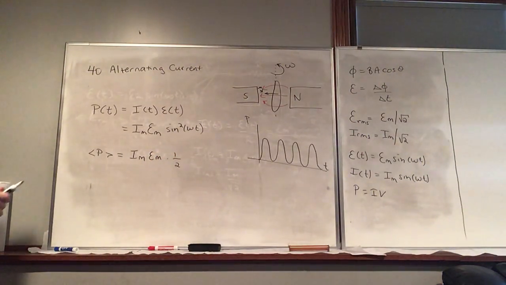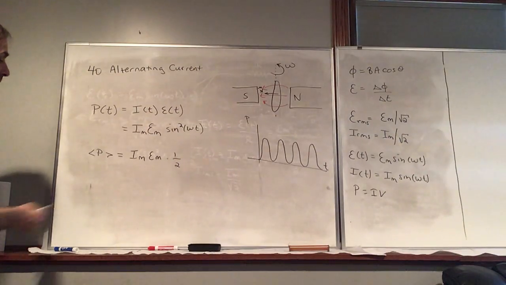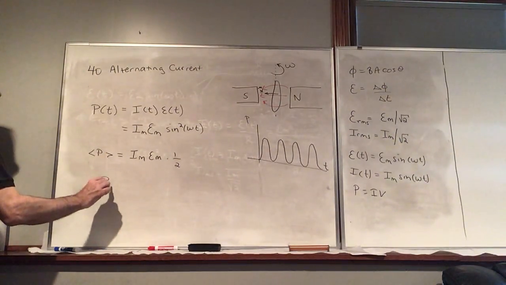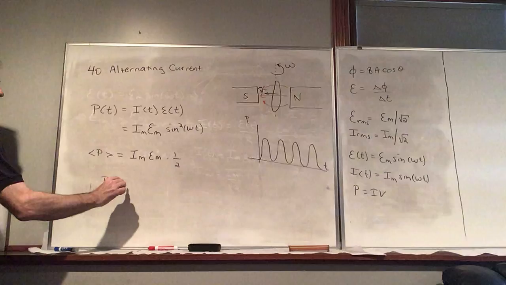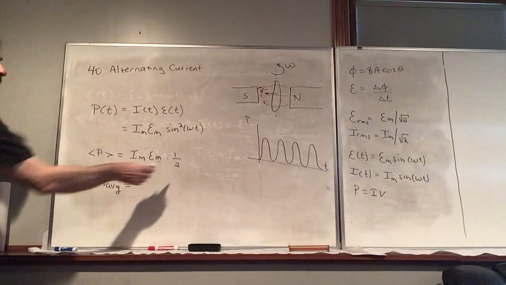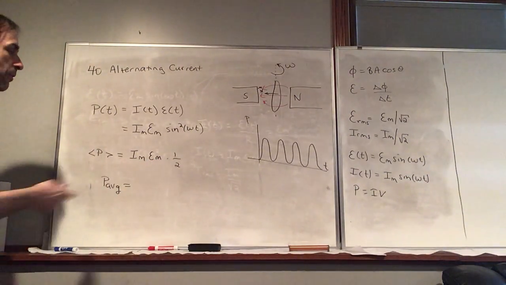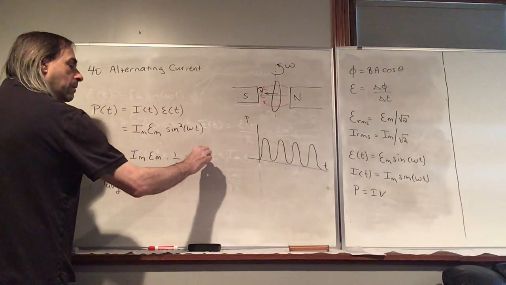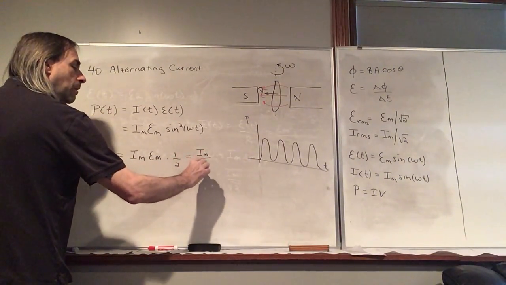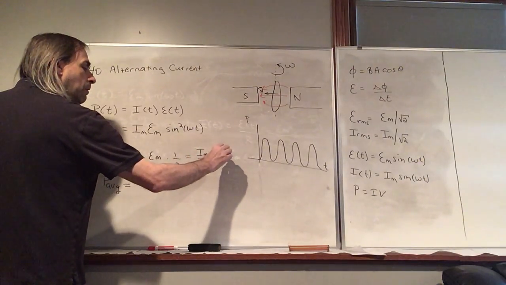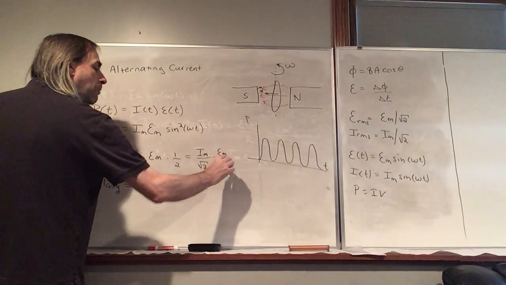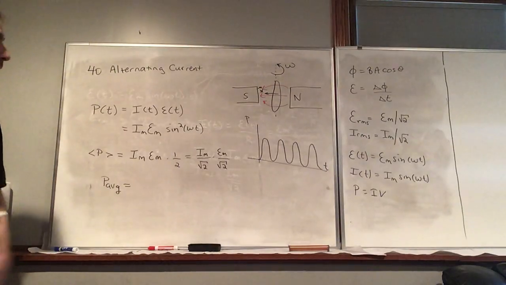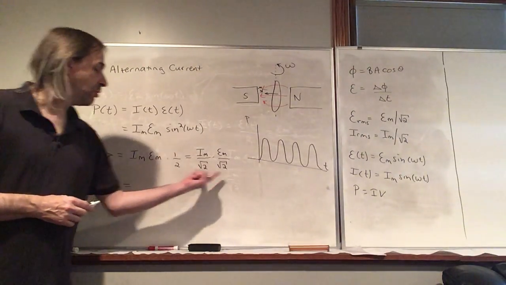Now, something nice we can do here with the average power. Instead of 1/2, we can write the 2 in the denominator as the square root of 2 times the square root of 2. If you multiply these, you get 2.